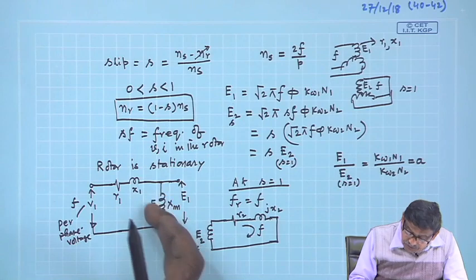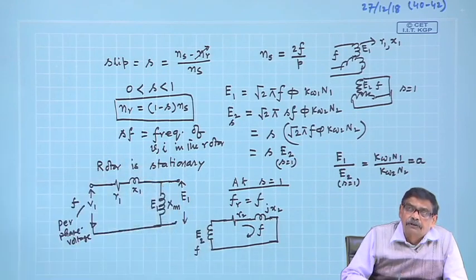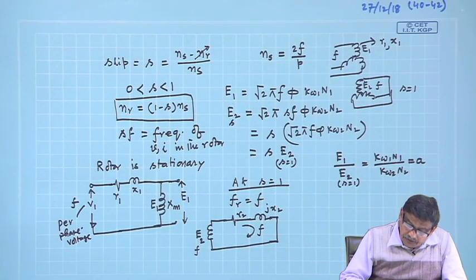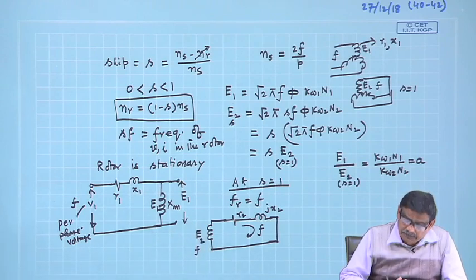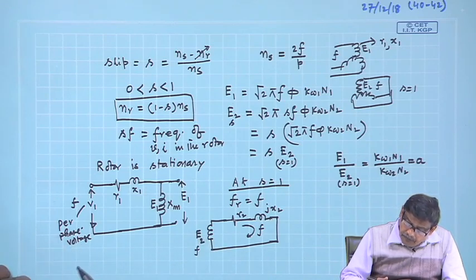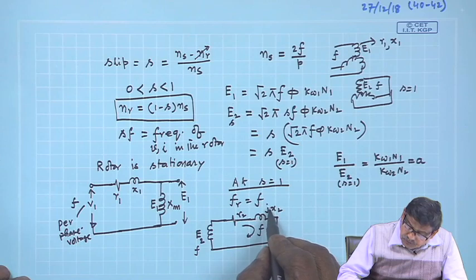So, these are sources of EMF in the transformer equivalent circuit, which we derived in the very first or second lectures.